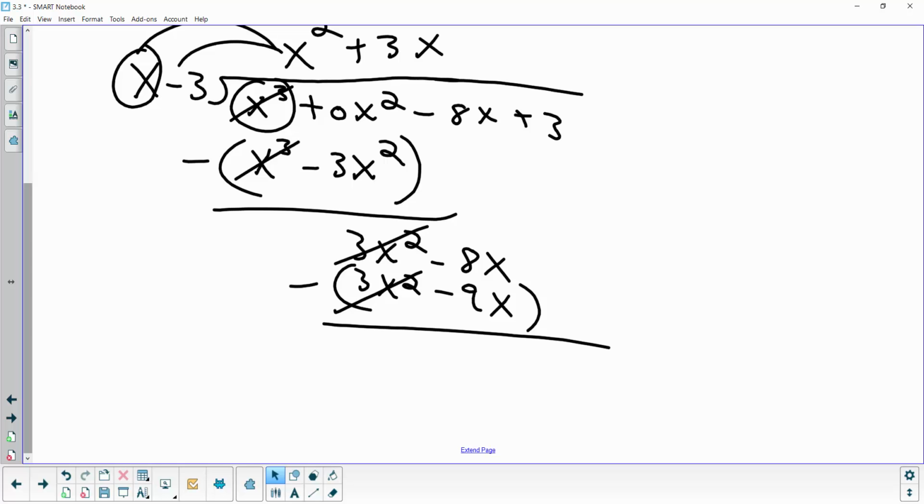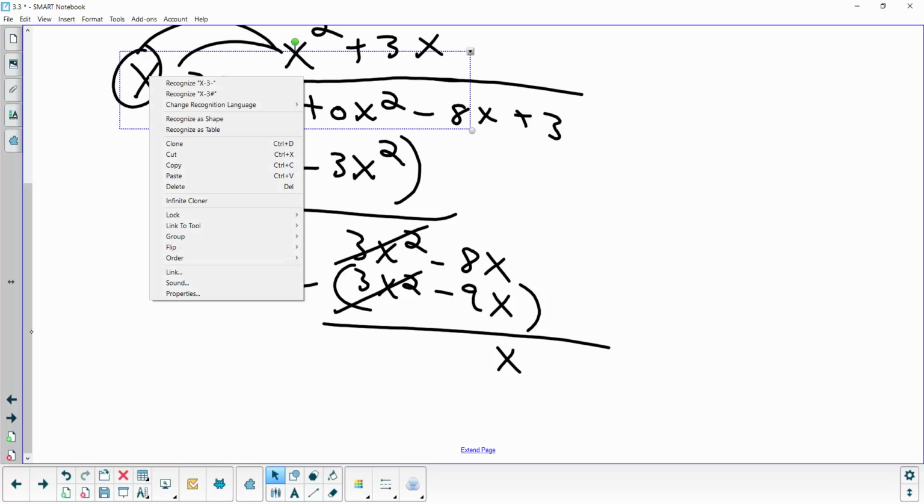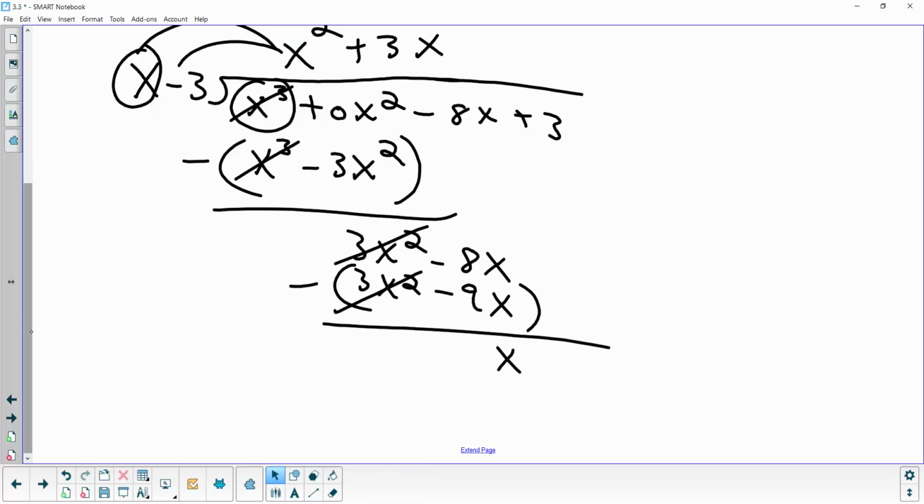So when you do minus a minus, what's going to happen? Yeah, it's going to become a plus. So negative 8 plus 9 is plus 1x, or just x. Now, the degree on this is a 1. The degree on my divisor is a 1. I got to go one more step.